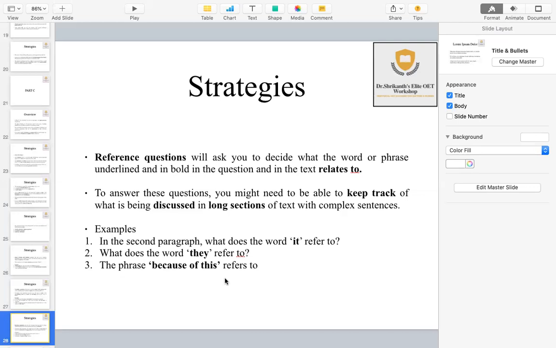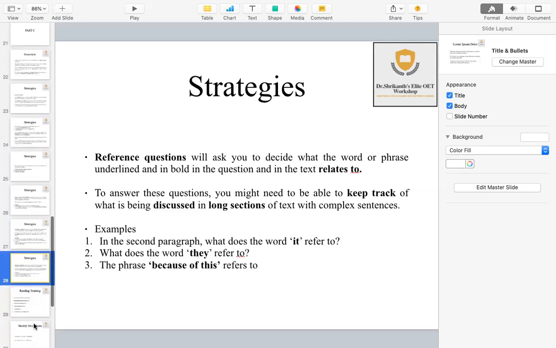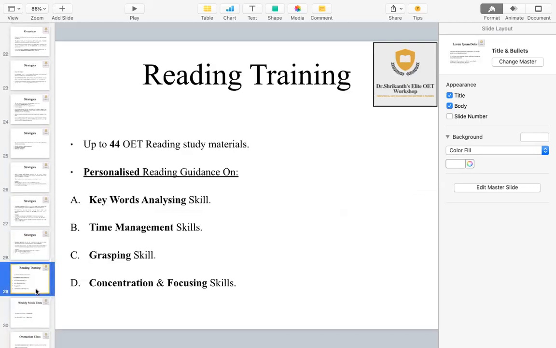So it requires a lot of common sense, basically, and a lot of inner dialogue, whatever works for you. Every individual has their own personalized strategy. So you just have to figure out what your comfort zone is, and then make sure it helps you. All right, so that is about the reading module of the OET.